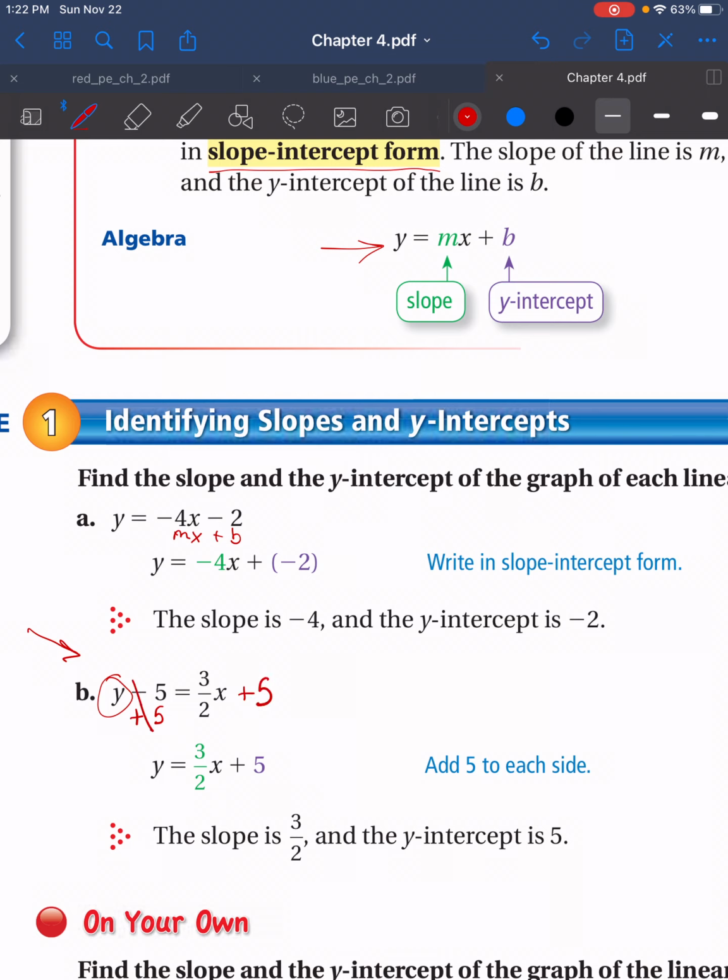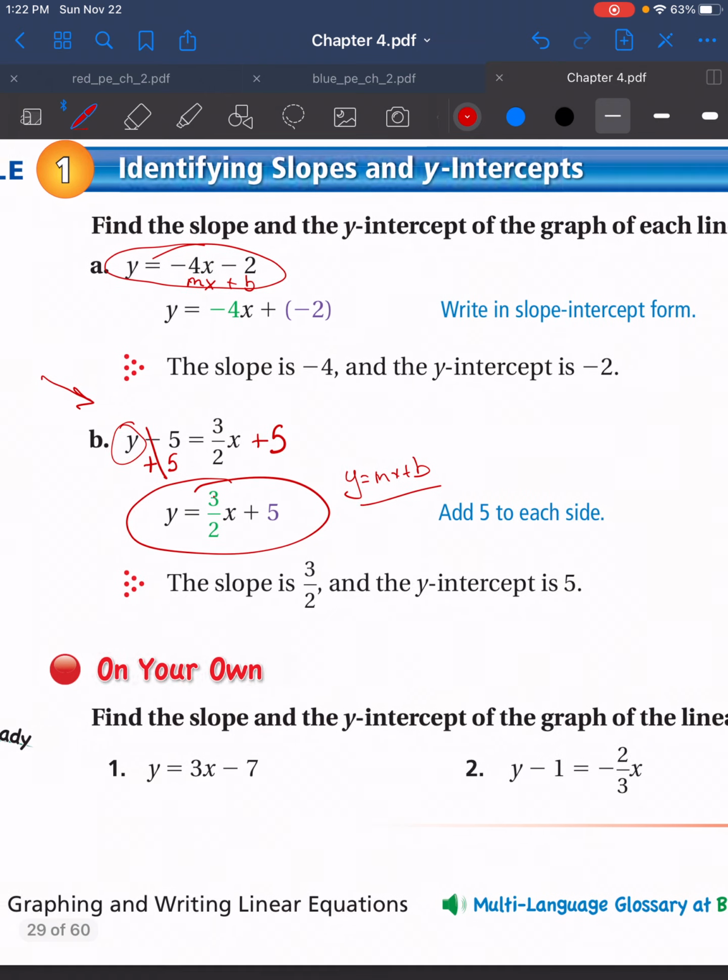Now if I do that, that goes away, and I'm left with this equation, y equals 3 halves x plus 5. And now it's in slope-intercept form, y equals mx plus b. Okay, so sometimes they give it to you in slope-intercept form. They're so nice. Other times, you need to fix it so that it is in slope-intercept form.